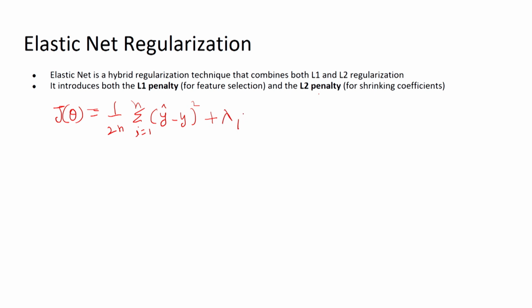One term corresponding to L2 regularization, j equal to 1 to m of theta j square, and then another term corresponding to L1 regularization, j equal to 1 to m of mod of theta j.